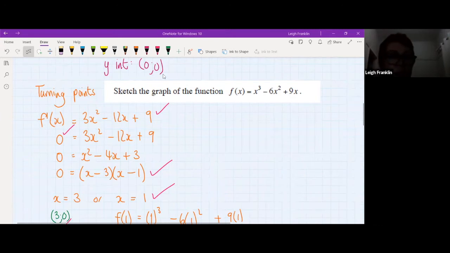Because, just like Michelle was saying, the number in front of the x cubed is a positive 1. So that means that a is positive. So when a is positive, that means that the graph is shaped like that. Concave down, and then concave up.